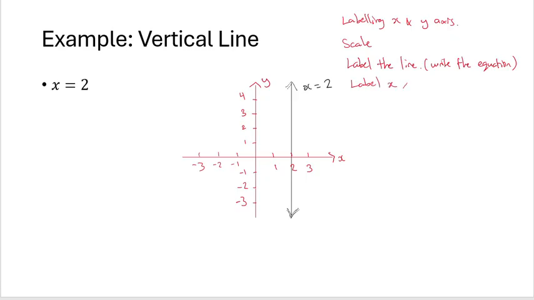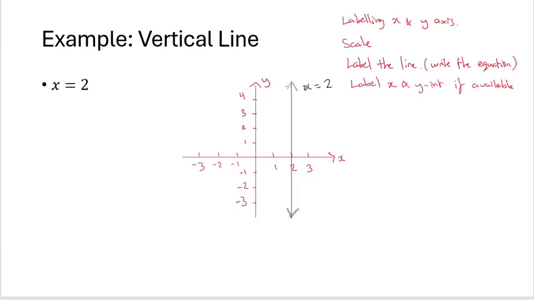And then finally, I'm going to label x and y intercepts if available. What we mean by if available is if I can only draw one of the intercepts, I will just draw and label that one intercept. But if I can fit both, then I will write down both. Okay.